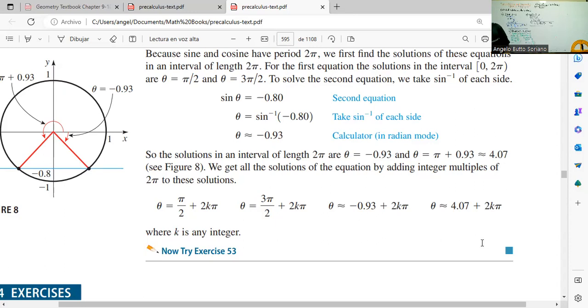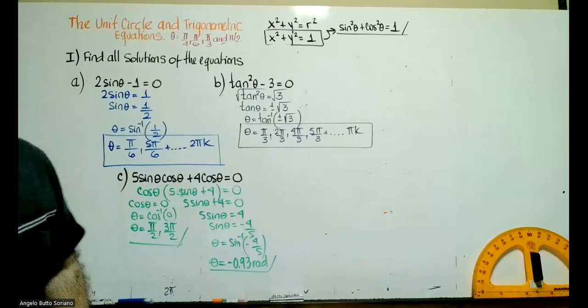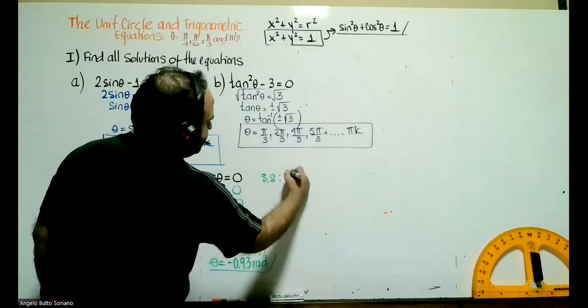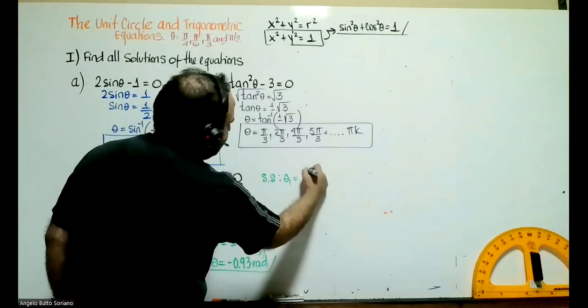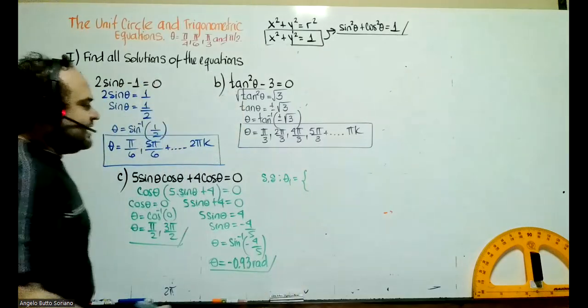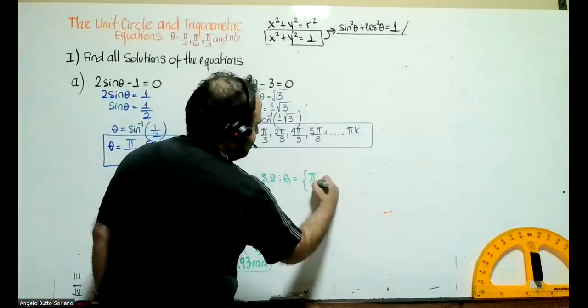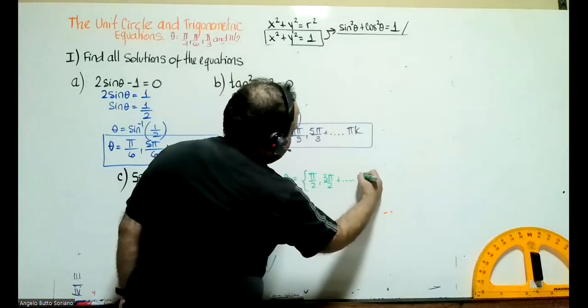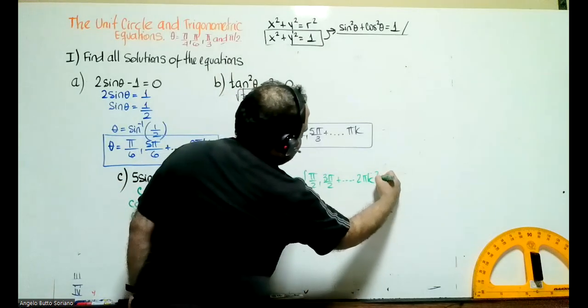Now, to provide the solution set is simple. Because we have two values to represent, we're going to leave the negative value as negative 0.93, and for the positive value, we're going to add pi. The solution set for theta 1 will be given by pi half and 3 pi half plus 2 pi k.